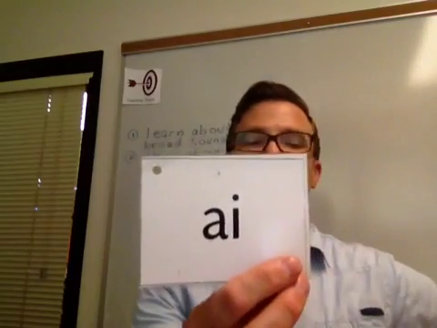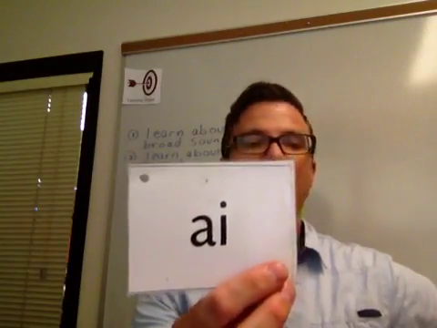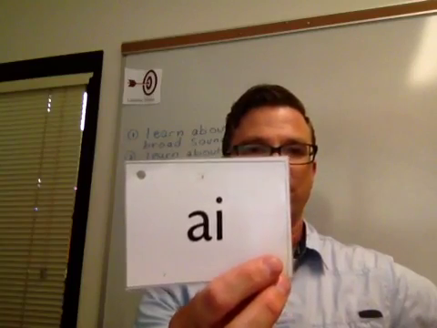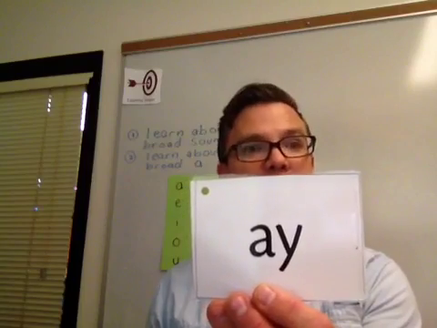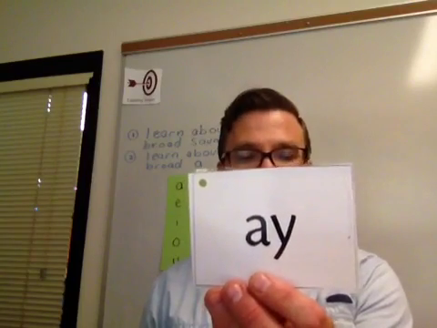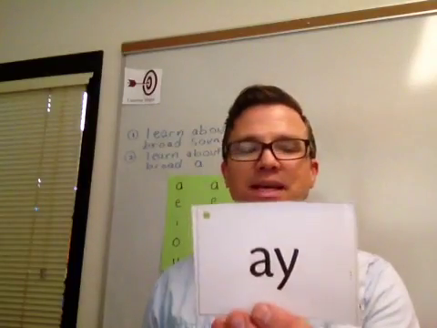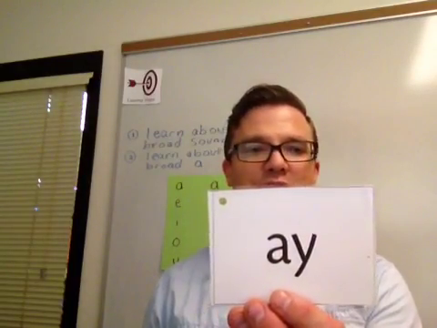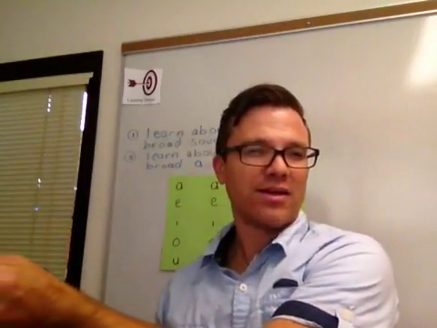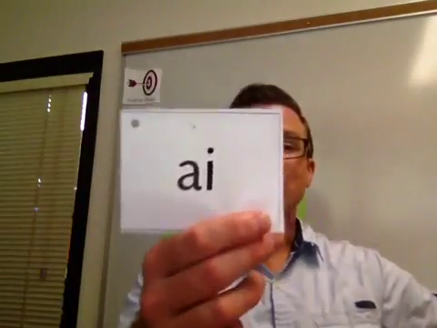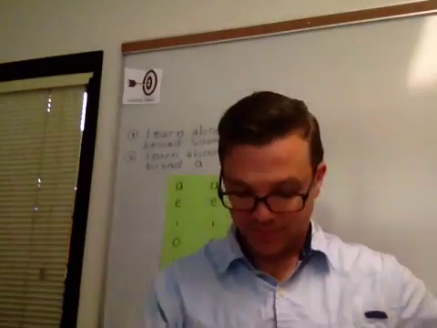Everyone say, two-letter A that may not be used at the end of English words. Now say, two-letter A that may be used at the end of English words. Now let's be clear. Just because this can be used at the end of words does not mean it will never be in the middle or at the beginning. But what's clear is this one can never, ever, ever be at the end.